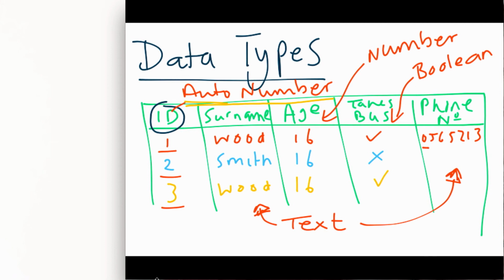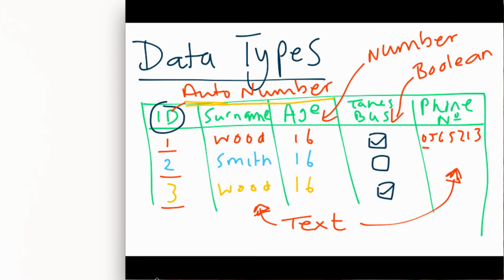So 1 or the other option. So for example, if I was to put this takes a bus as a Boolean inside my database, in my information handling software, what would actually appear are probably some tick boxes because it can either be a tick or blank.